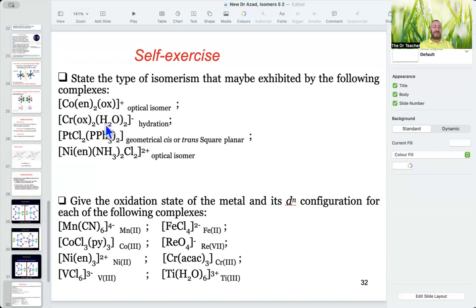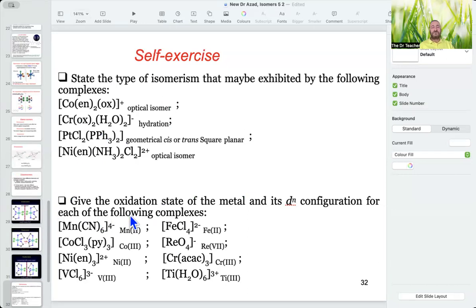You can identify hydration, because it's a water molecule inside the complex bonded directly to the chromium. You can say this is hydrated. Sometimes you can read both types of isomerism in the same formula.